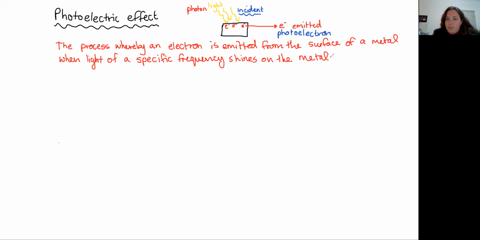Now, this is very important. With this photoelectric effect where we shine the light onto the metal, we find that only certain frequencies of light will cause this to happen, which is a little bit against the original idea of light as a wave.